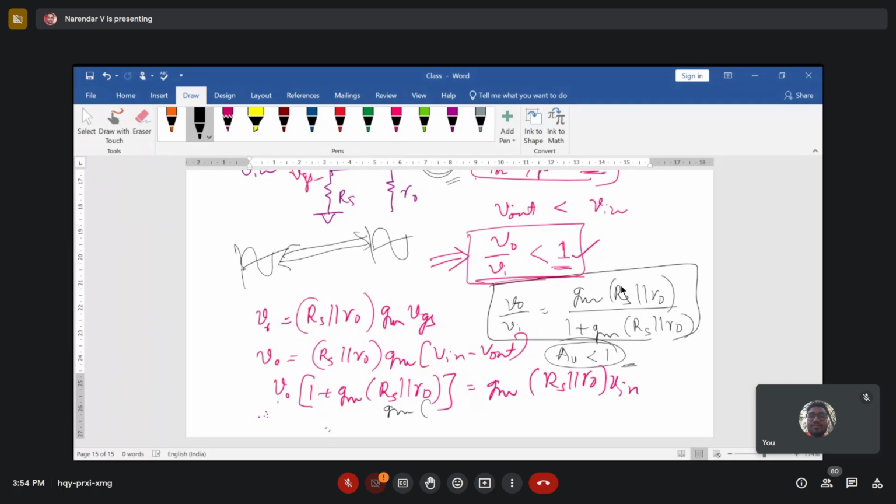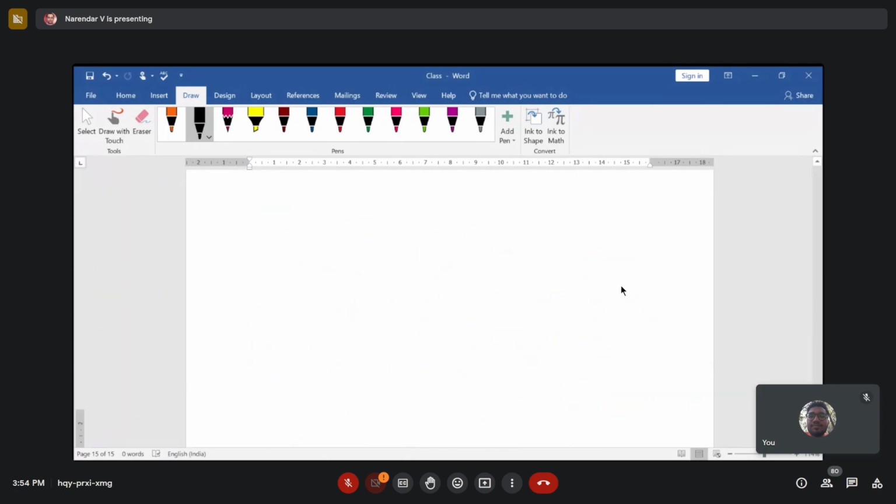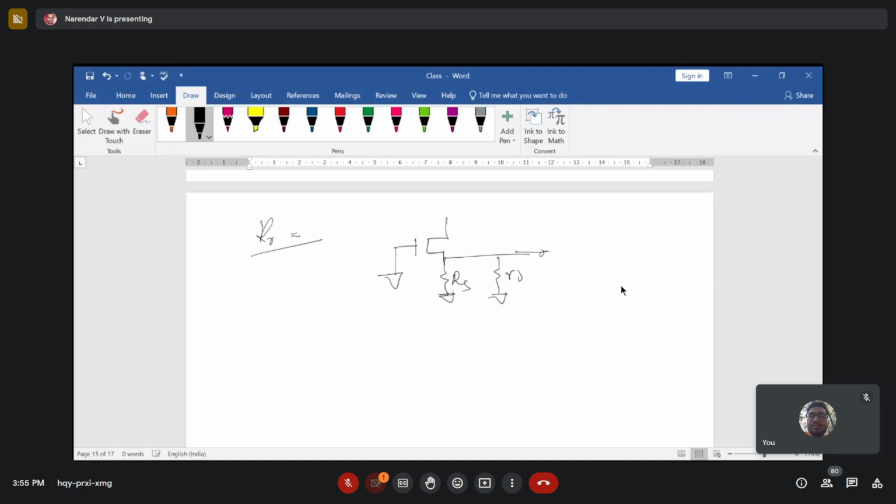Now if you calculate the output resistance and input resistance of this circuitry, then what you can see here is R out. Let me redraw this configuration. For the R output stage, what you need to do is the input should be grounded. This is your Rs, and this is grounded, R naught, and this is V out.